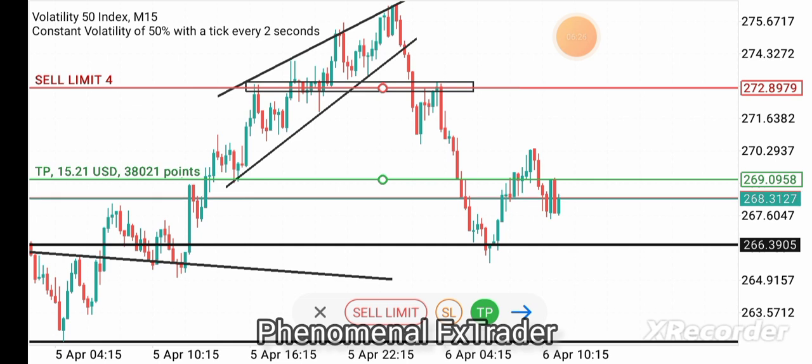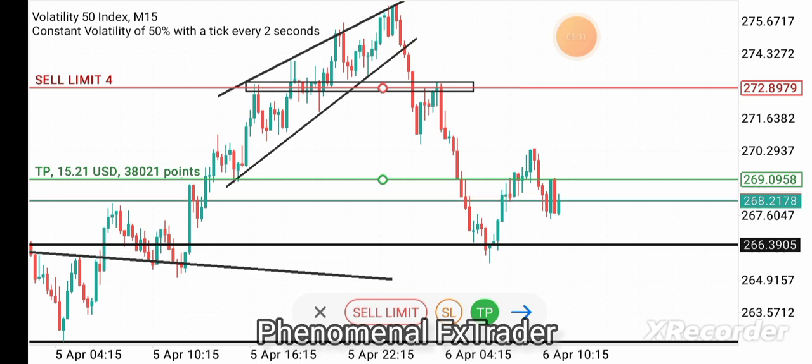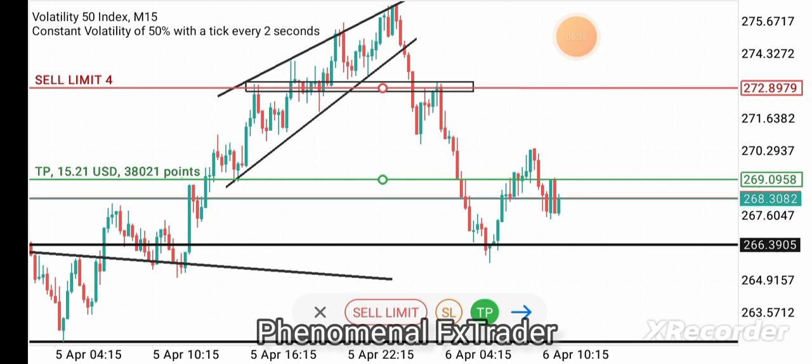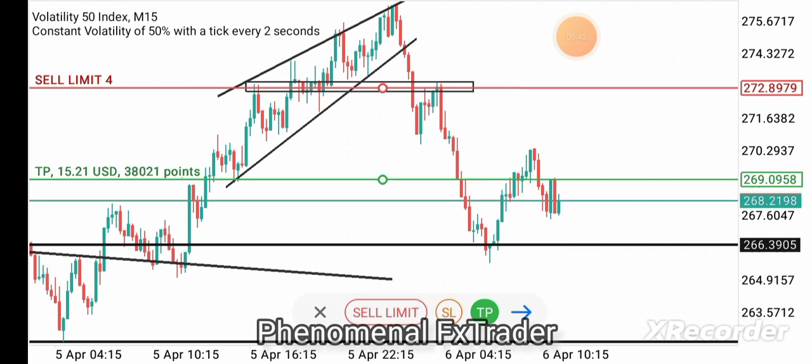So if you have a $10 account, you can't trade Crash 300. Crash 500 requires about close to $3 to trade with the minimum lot size.